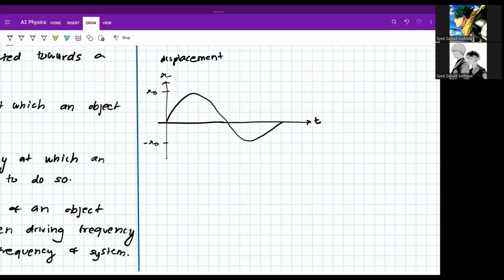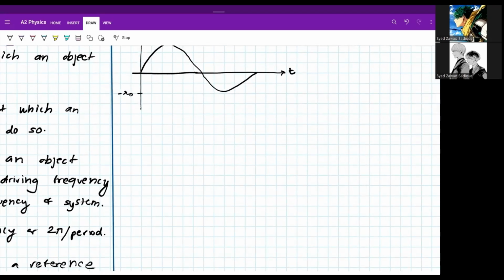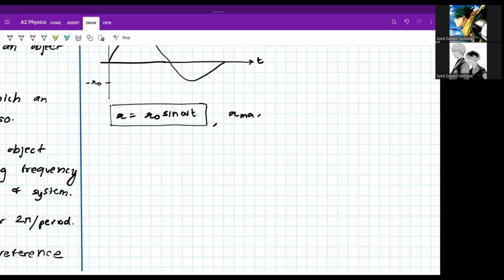So the formula for displacement is x equals x naught sine omega t, and maximum displacement is plus or minus x naught.